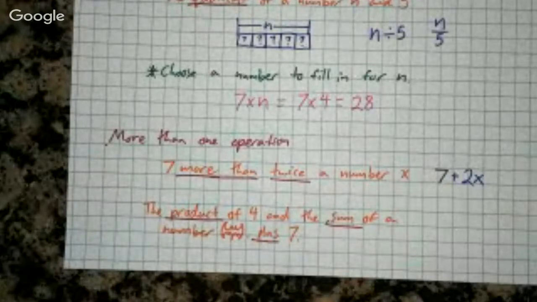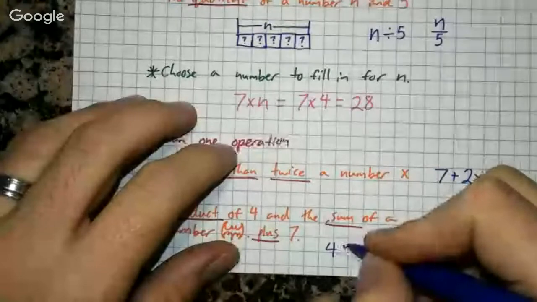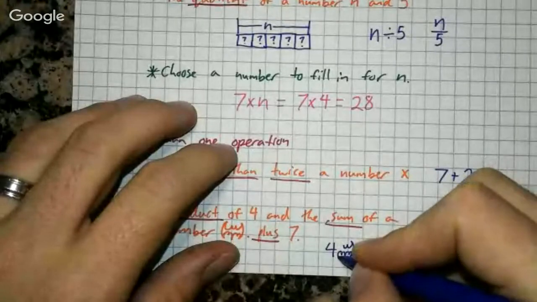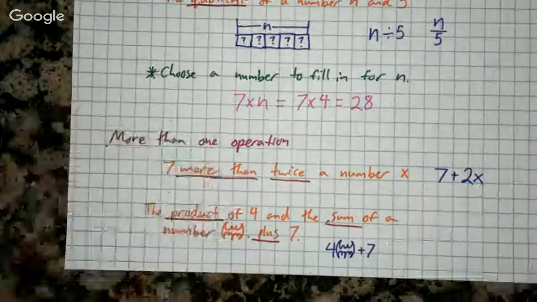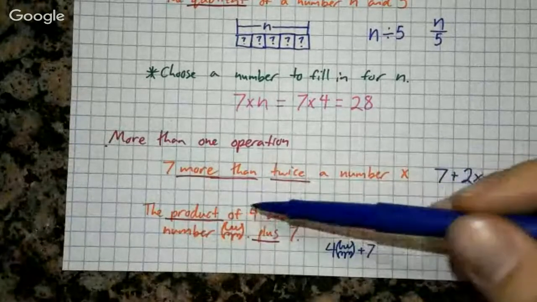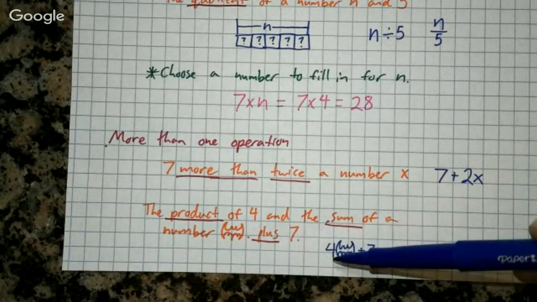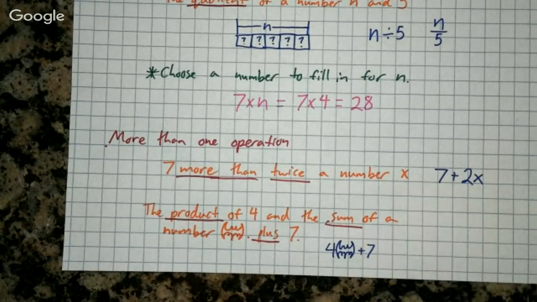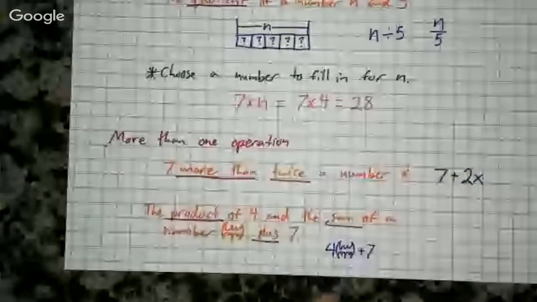So you may go ahead and write out 4 times bat symbol plus 7. You can look at that and say, oh, that has all the pieces there, right? The product of 4, the sum of a number, bat symbol, plus 7. But this one, our order of operations tells us that 4 and the bat symbol would be multiplied first, and then 7 added to it, when 4 needs to be multiplied to the sum.